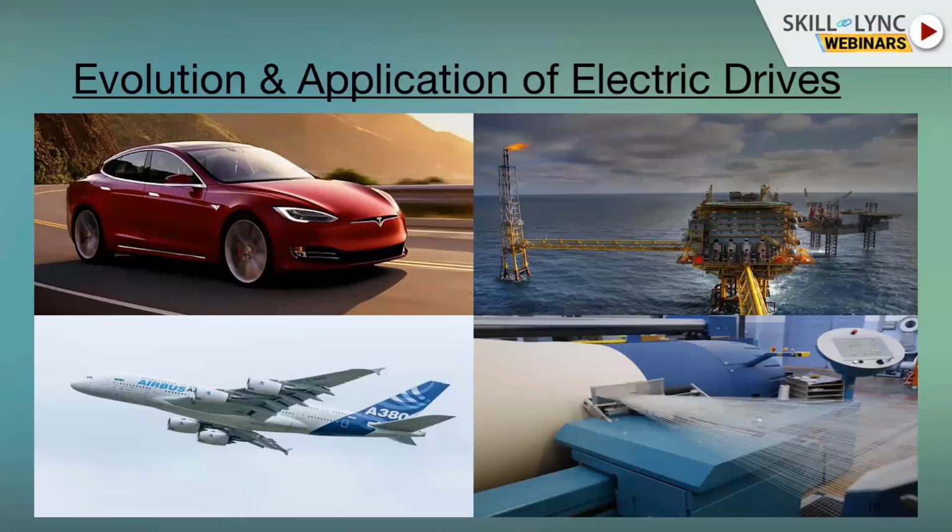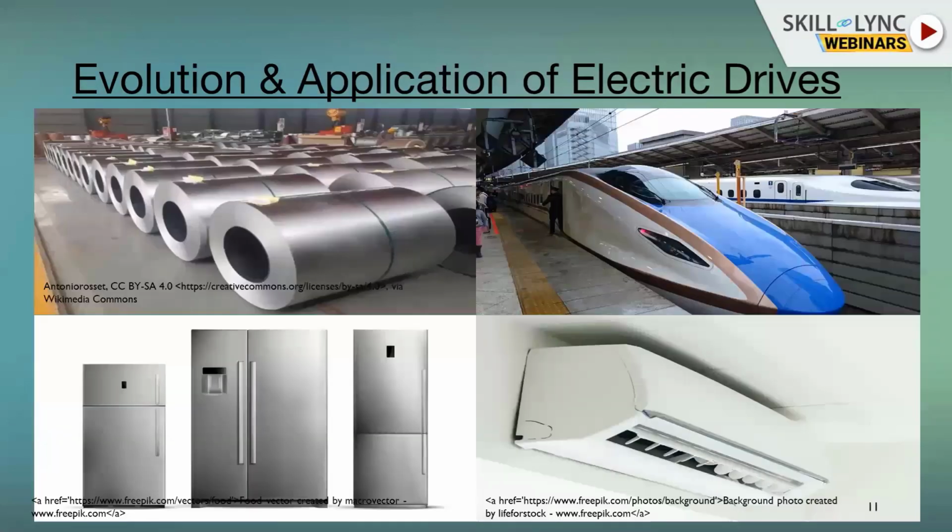Industrial robotics, which also is part of the automotive domain, also has significant application for electric drives. Steel mills and most of the other metal processing industries, they use a lot of grinding applications, milling applications. So all of these basically use electric drives.